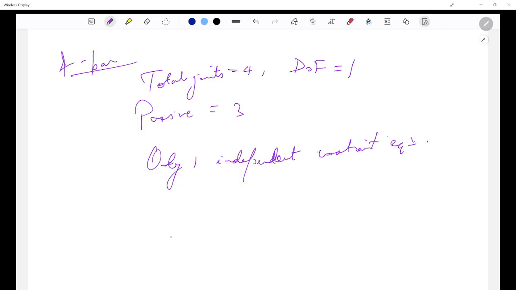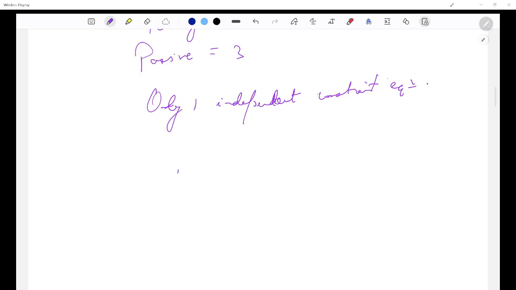And when would that arrive? When we break the link here, or let's say here, and then apply the constraint at this point. Only one independent constraint equation is there, and that is the same as the Freudenstein equation that we already saw. So 1 is less than 3. The number of constraints is less than the number of passive joints.